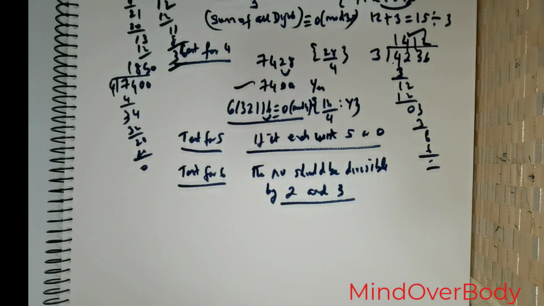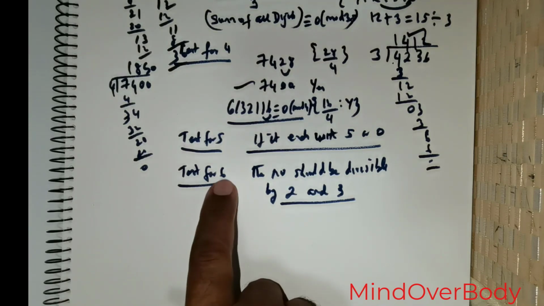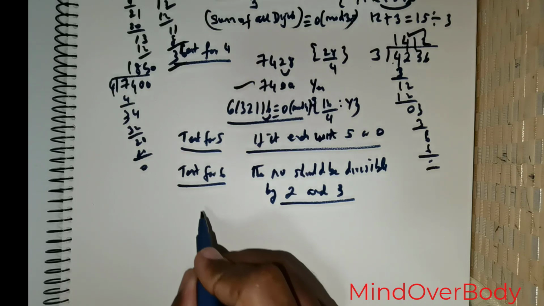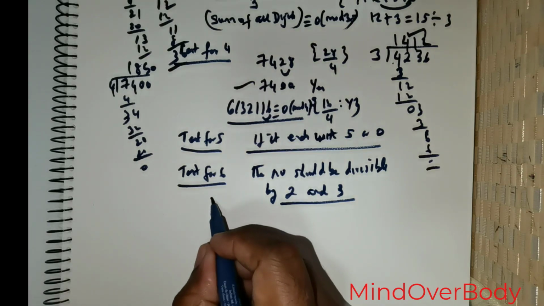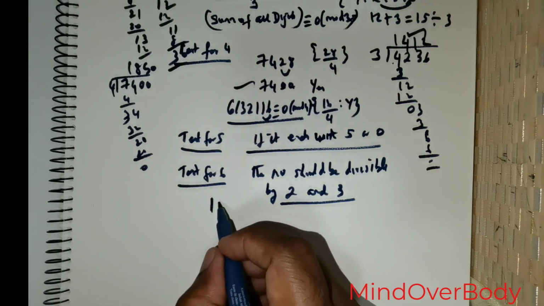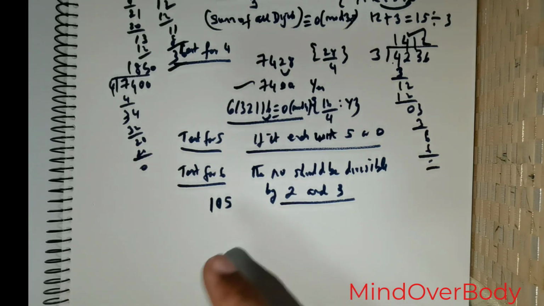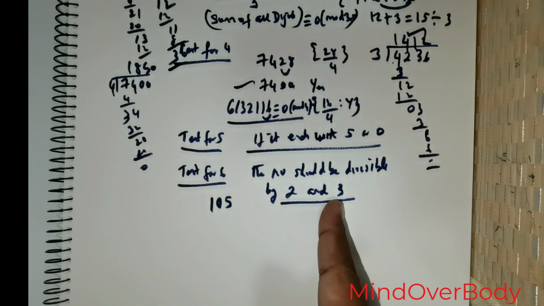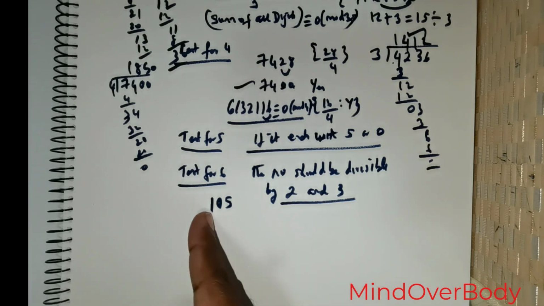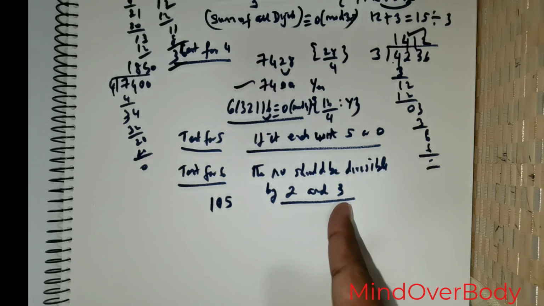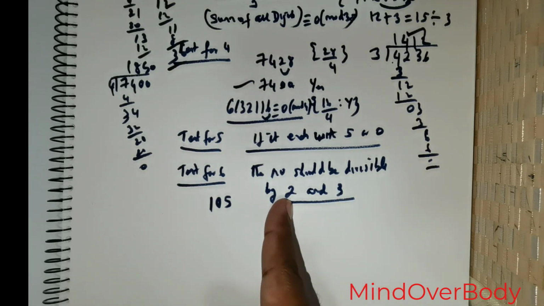Only then can you clearly say the number is divisible by 6. Say for example, you want to take 105. Clearly 105 passes the divisibility test for 3, because 1 plus 0 plus 5 is 6, and 6 can be divided by 3. But 105 is not divisible by 2.